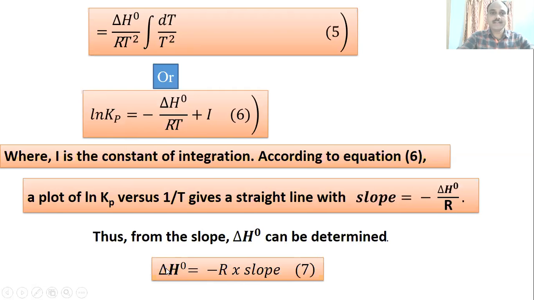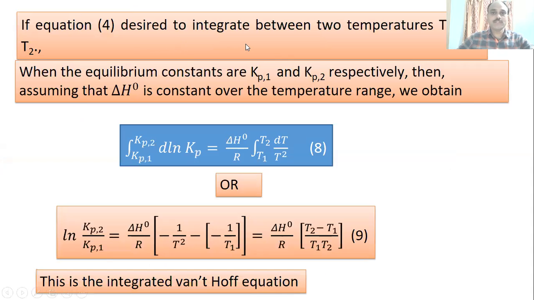Then, if equation 4 is to be integrated between two temperatures T1 and T2, when the equilibrium constants are Kp1 and Kp2 respectively, and assuming delta H naught is constant over the temperature range, we obtain the integral of d ln Kp from Kp1 to Kp2 equal to delta H naught by R times the integral of dT by T square from T1 to T2. This gives ln Kp2 by Kp1 equal to minus delta H naught by R times (1 by T2 minus 1 by T1).